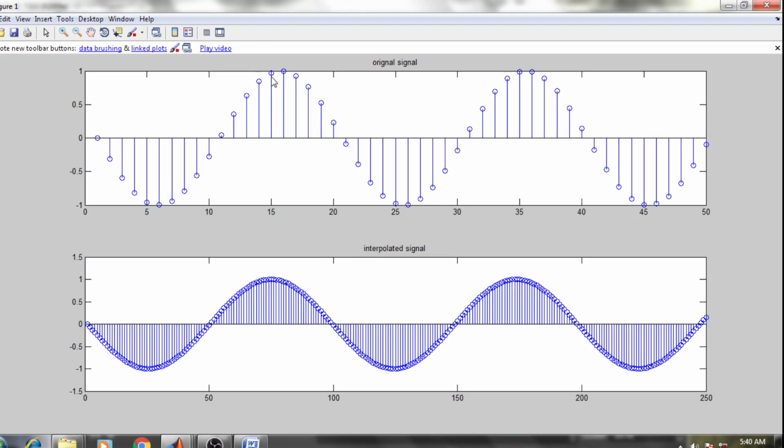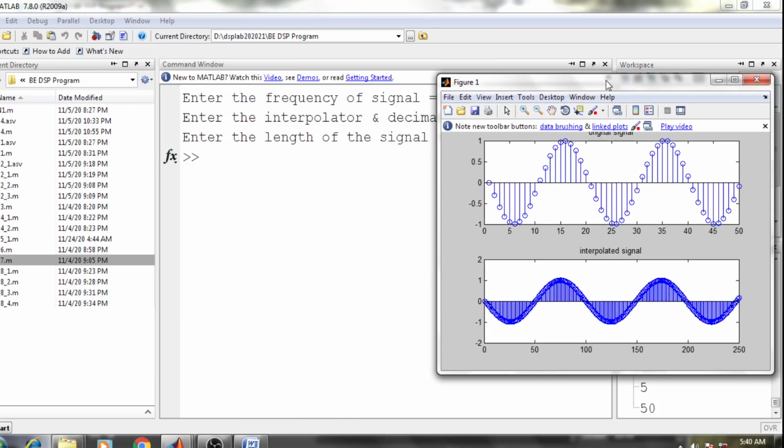I hope you understood the upsampling as well as downsampling concepts from experiments number 6 and 7. I hope you will do them side by side at home. Try to do it on your computer or laptop. Everyone try to execute this experiment, observe the output, and just change the values.